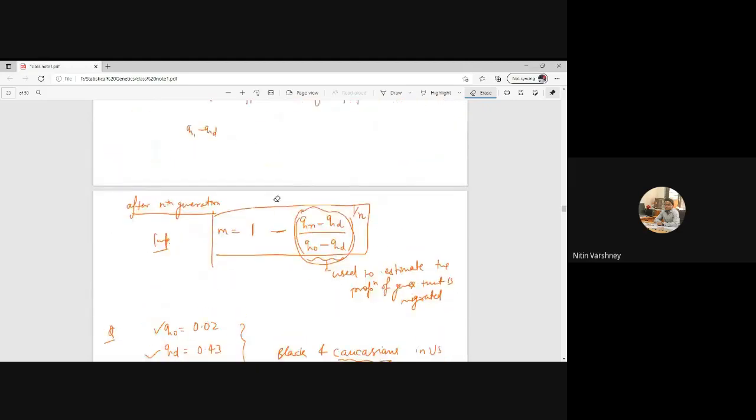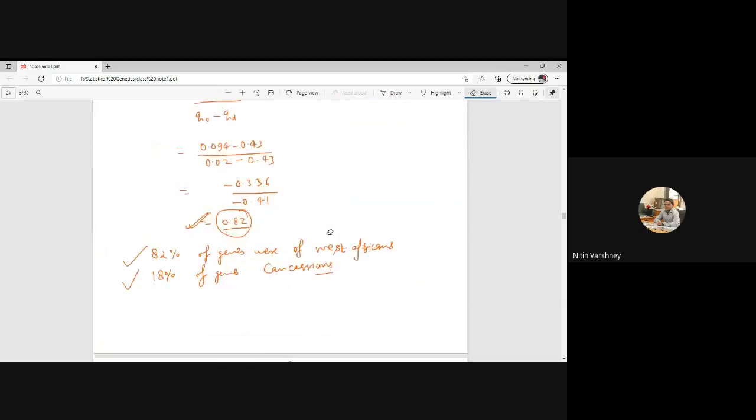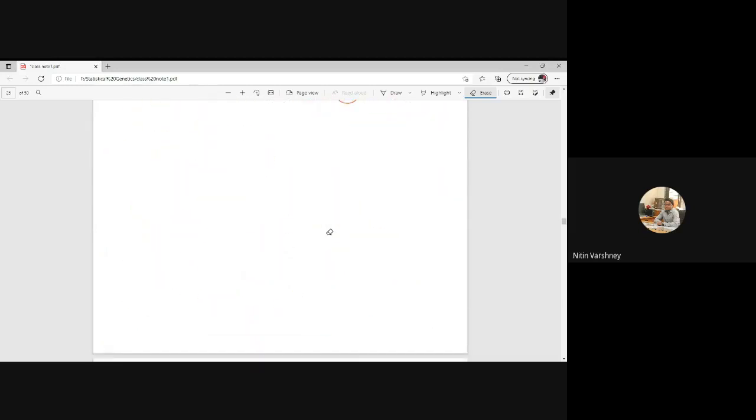See, this is the formula: m is equal to 1 minus (Qn minus Qd upon Q0 minus Qd) to the power 1 by n.